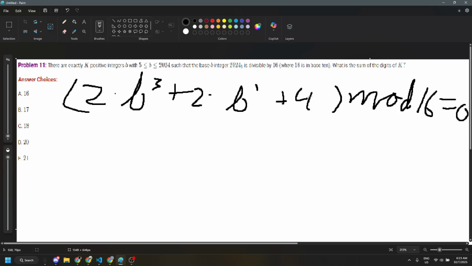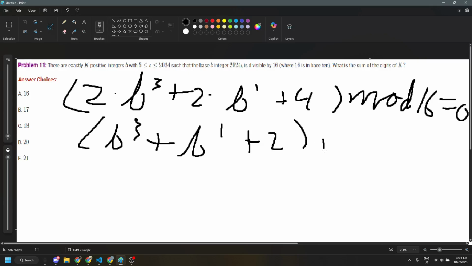Now, we could divide by 2, take out a 2. So we just have b to the 3 plus b to the 1 plus 2 mod 8 equals 0. So we need this number to be divisible by 8.